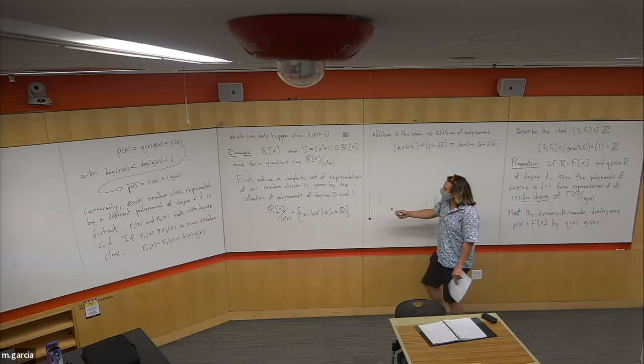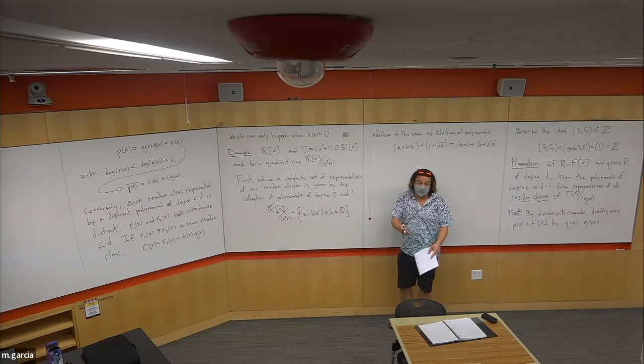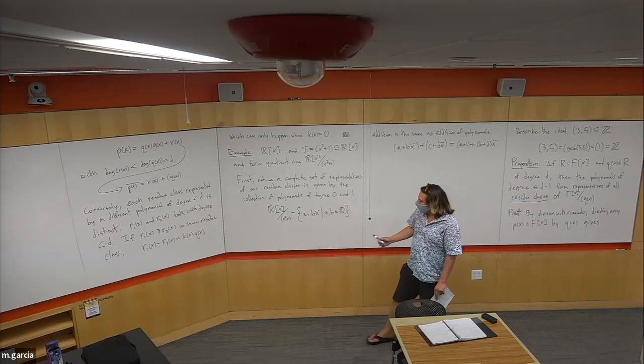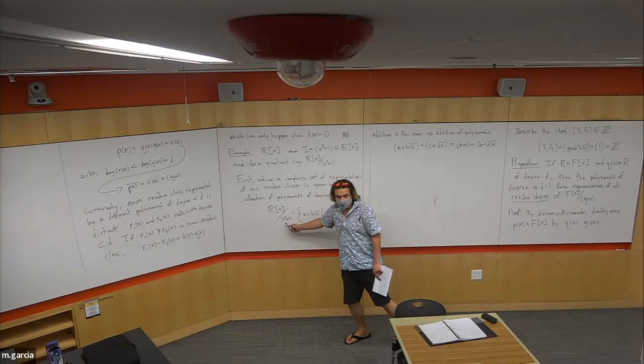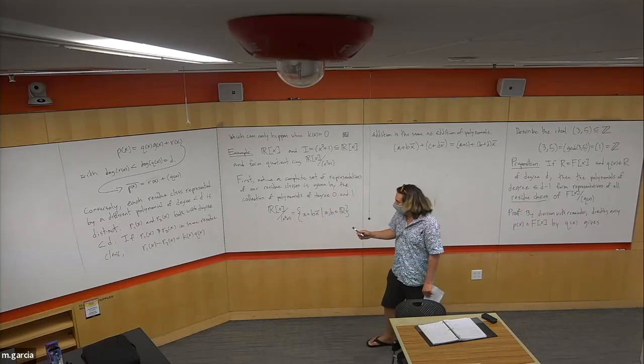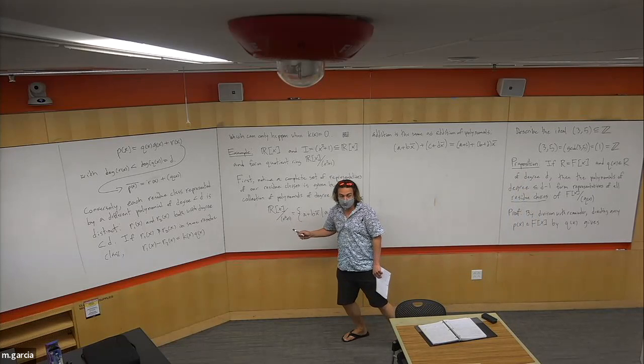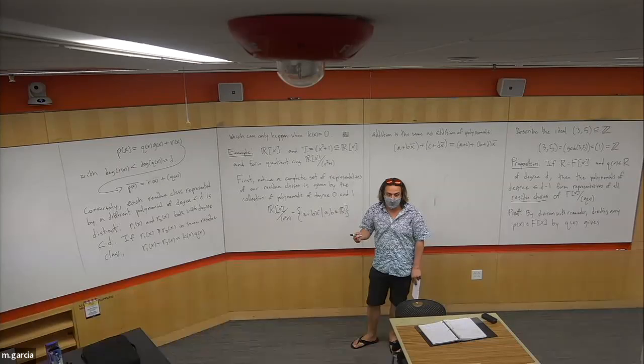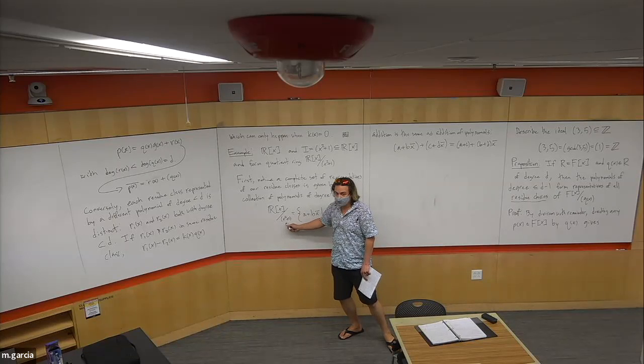Polynomials of degree 0 are just constant polynomials. But 1 is not contained in this ideal, because 1 is not a multiple of x squared plus 1. You can't come up with another polynomial to multiply x squared plus 1 by to get the constant polynomial 1. Therefore, 1 is not a member of this ideal. Is that okay?